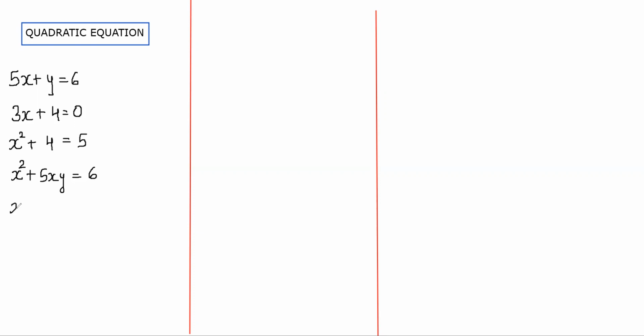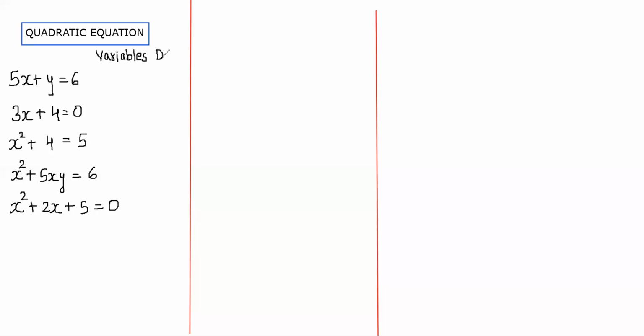Then x square plus 2x plus 5 equal to 0. Now students, you are going to tell me how many variables we have in these examples and what the degree is. So we are going to identify the variables and the degree from these examples.